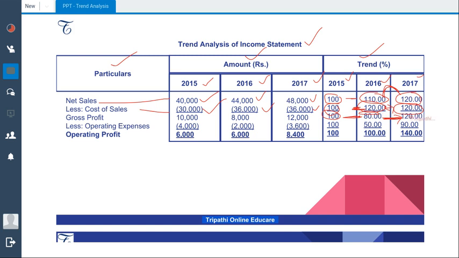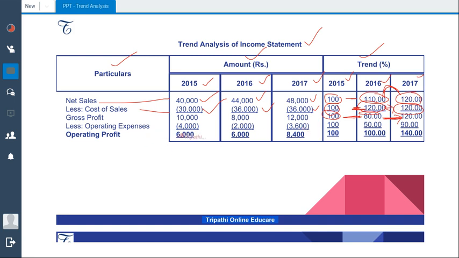So what is the main reason of increase in profit to 120% of 2017? The main reason for increase in profit of up to 120% is control in cost of sales. The cost of sales of 2016 and 2017 is same, right?